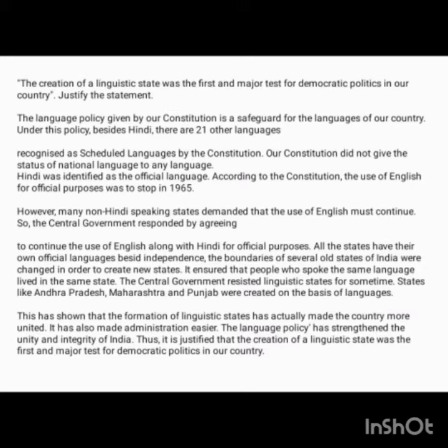This has shown that the formation of linguistic states has made the country more united, and it has also made the administration very easy.